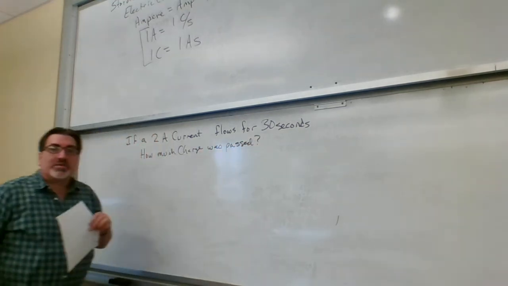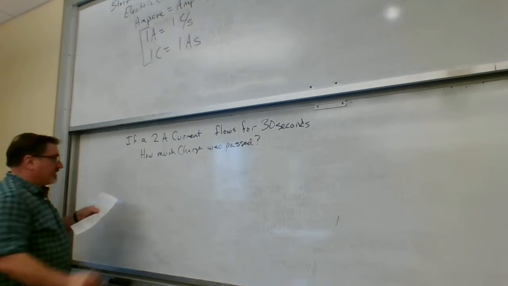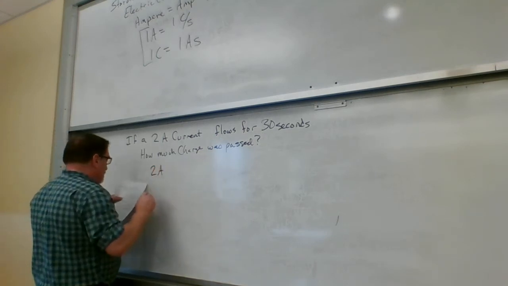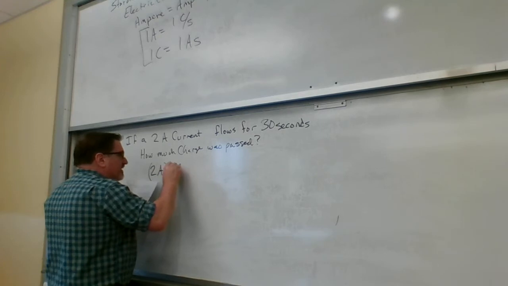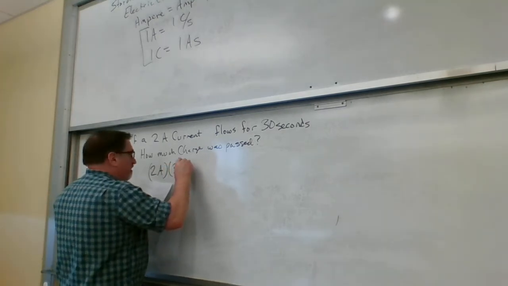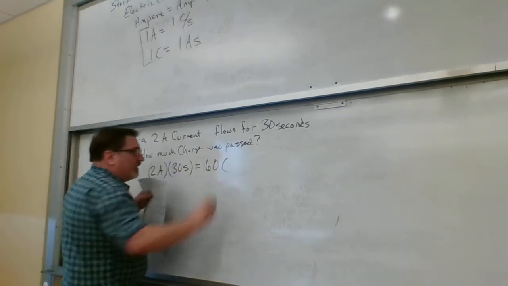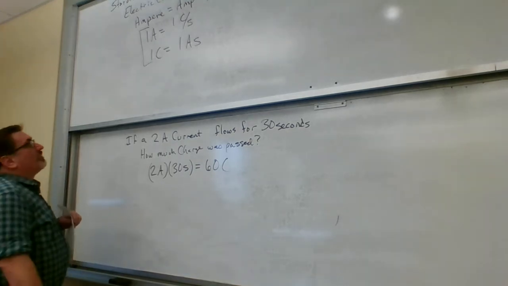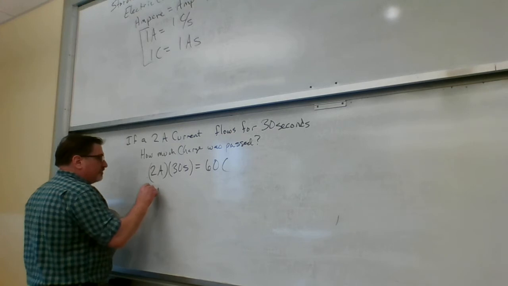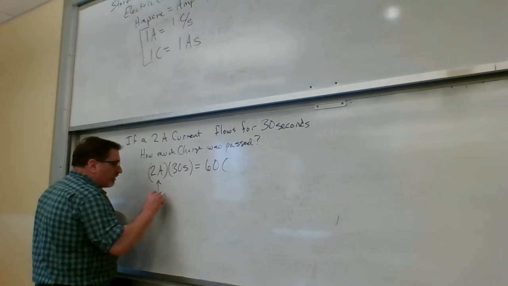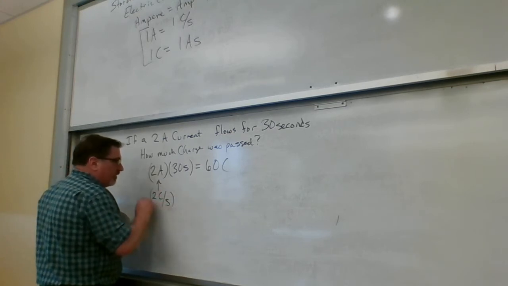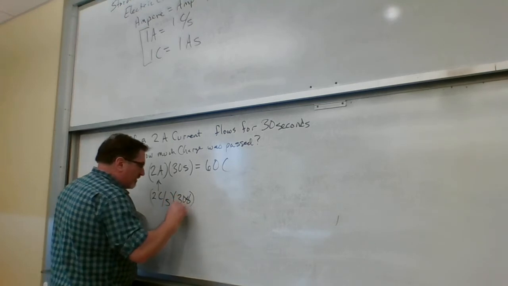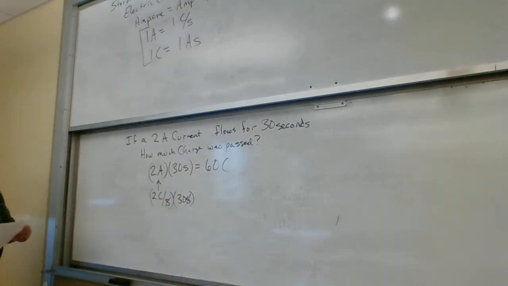How much charge was passed during that 30 seconds? 2 amps times 30 seconds is 60 coulombs of charge. Remember, 1 amp is 1 coulomb per second. So 2 amps is 2 coulombs per second, times 30 seconds, and we get coulombs out of that.